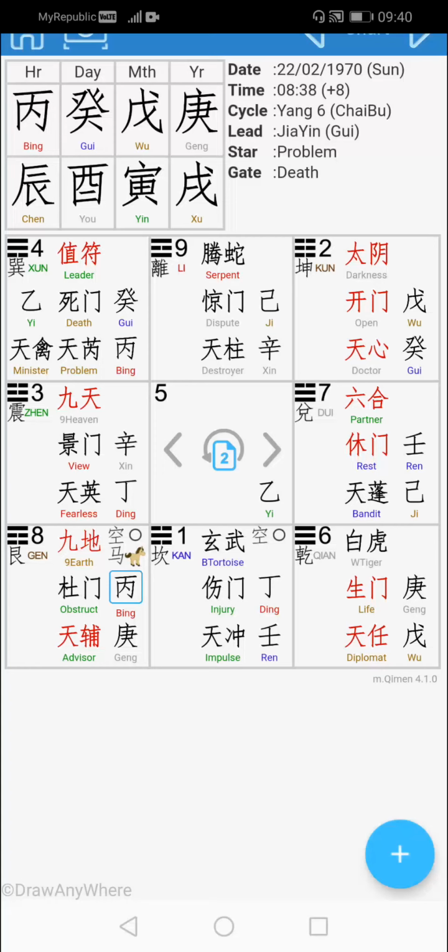Today we're going to touch base on this very interesting topic called indirect wealth. So what does indirect wealth mean? Well, basically there's something called direct wealth, and there's something called indirect wealth. Direct wealth is where you gather your wealth using normal methods, whereby you do profit, you do trading, you do business.